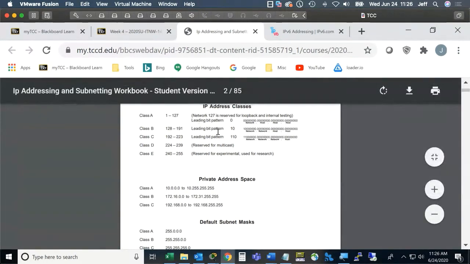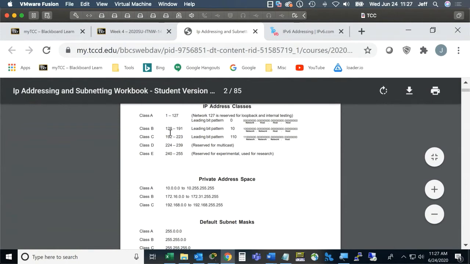But so we have these ideas of classes, and it bases off what number you have. If the IP starts with the number 1 through 127, it's a Class A network, and that means the first 8 bits of that IP address are the network ID, and the last 24 bits are the host ID, right?